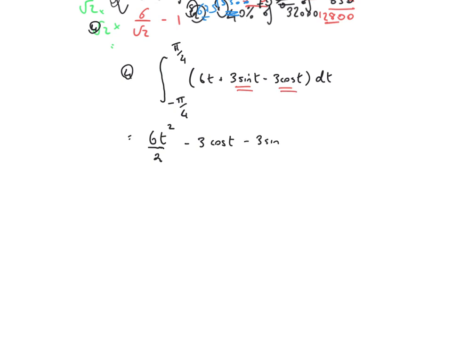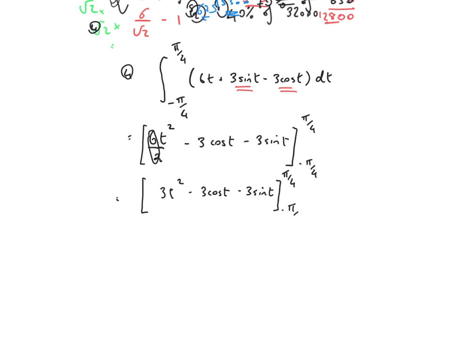Minus 3 sine t. And that's going to be between pi over 4 and minus pi over 4. Okay, 6 over 2, let's bring that down then. That will be 3t squared minus 3 cos t minus 3 sine t between pi over 4 and minus pi over 4.